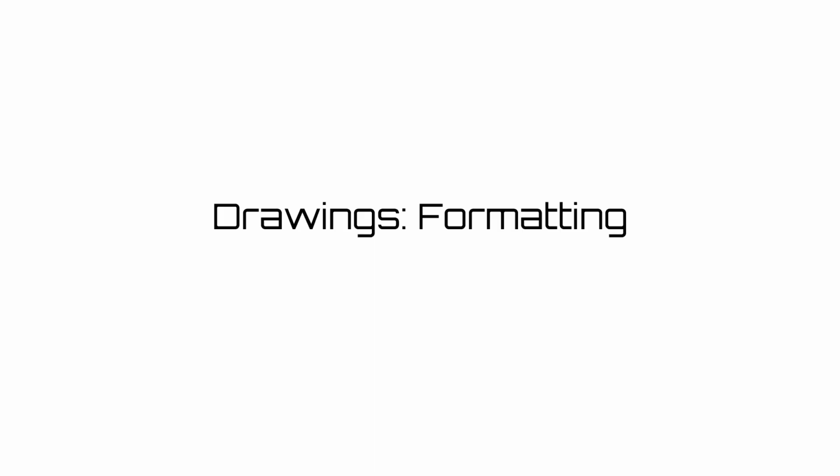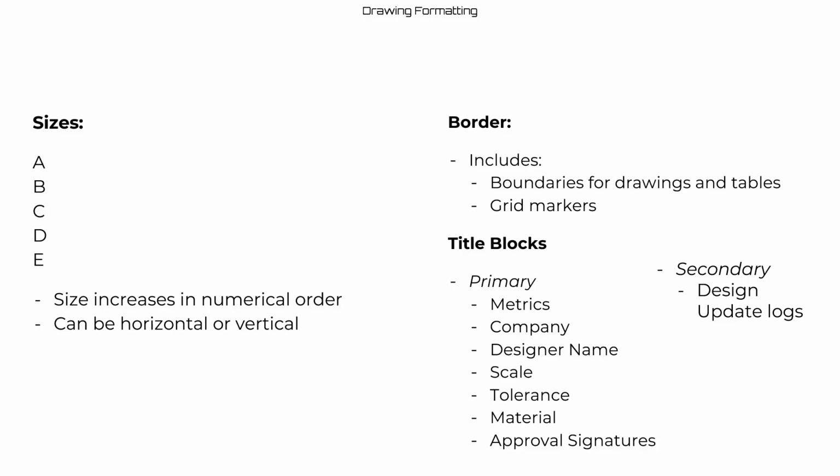Okay, our last one that we should know is formatting our drawings. We want to present our drawings to the best of our ability and make sure that it's clear and that people can actually read it. Otherwise, your manufacturer or your boss is going to be like, "What the hell am I looking at?"